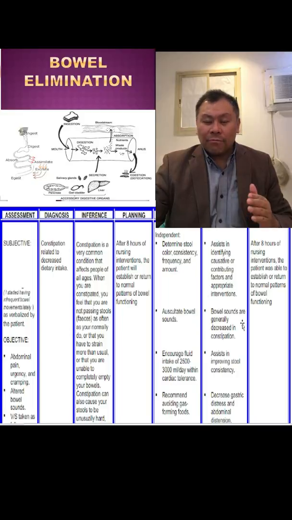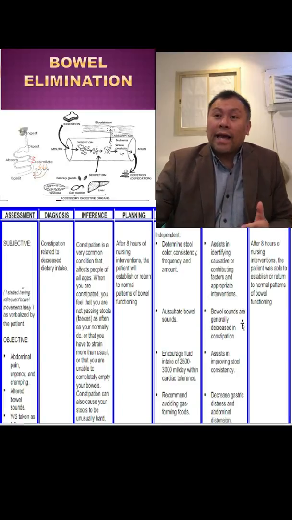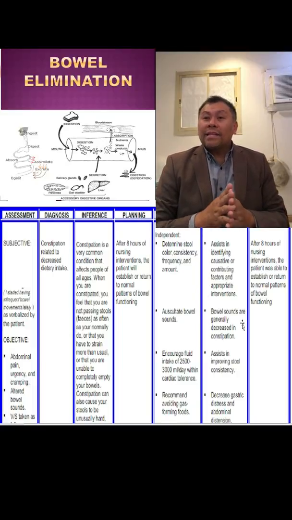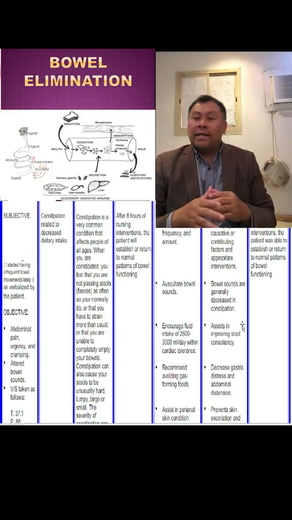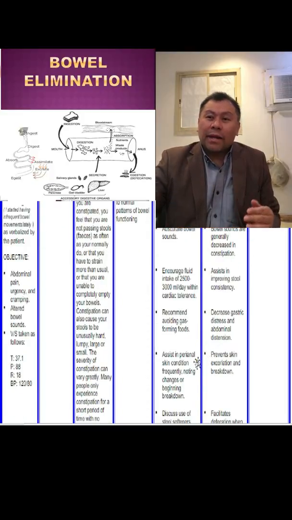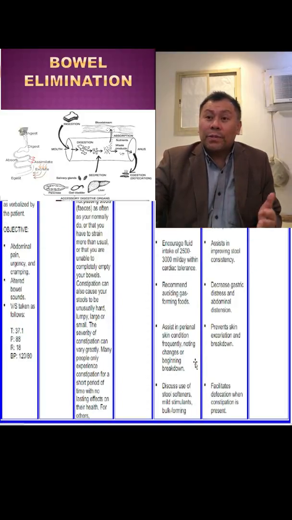One example of gas-forming food is root crops. Now, food coming from what we call root crops. So here, you're going to assess for any perineal skin condition, frequent changes, or any skin breakdown. You are going to discuss also the importance of using stool softeners.